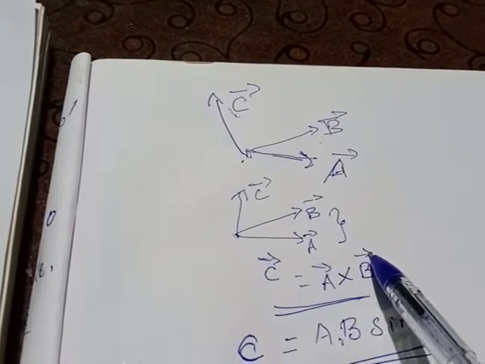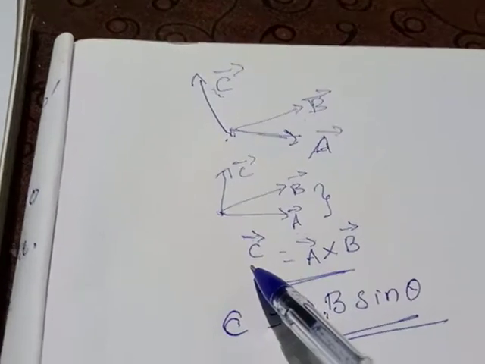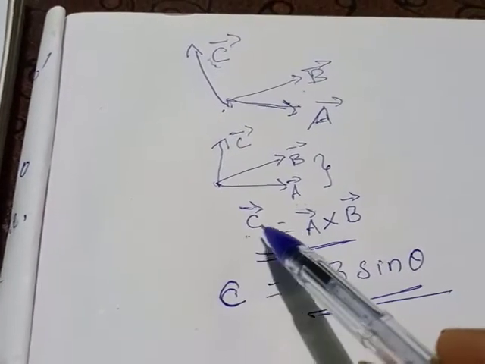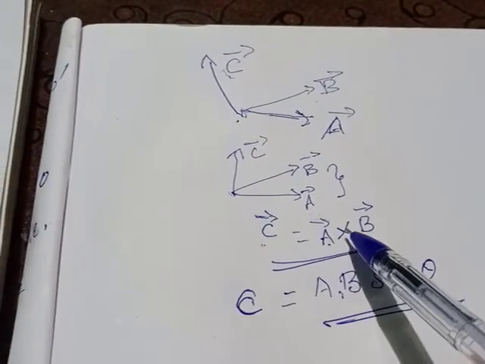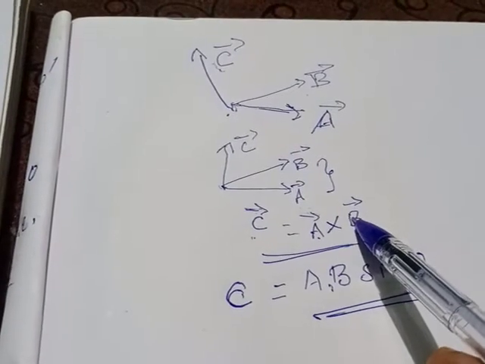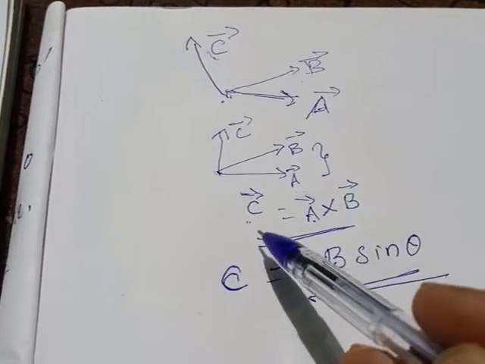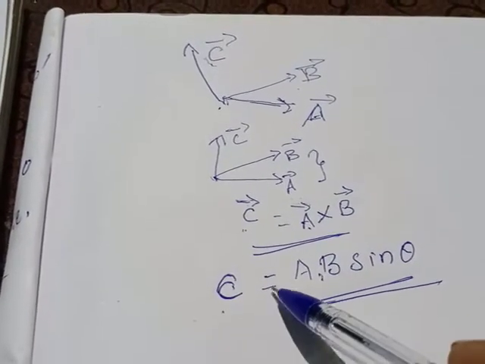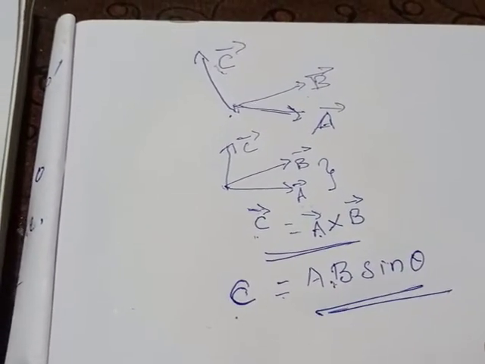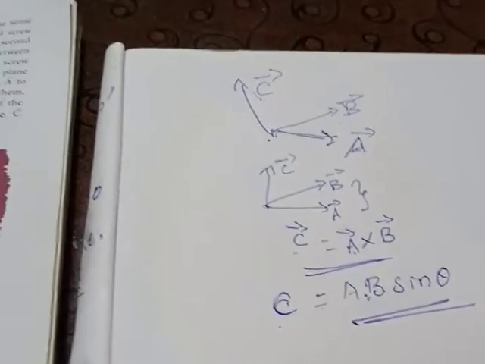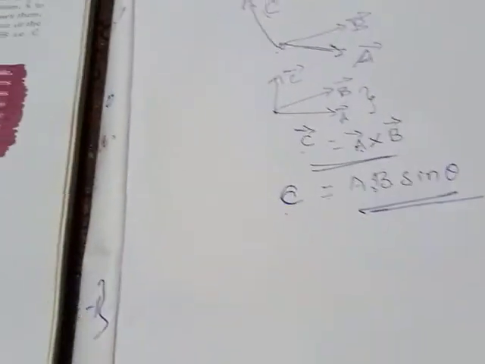Vector notation is there. That is what we have written in this equation: C vector is equal to A vector cross B vector. But without these directions, we can write this equation only as C is equal to AB sin theta. And this is what we can tell as the vector product of two vectors.